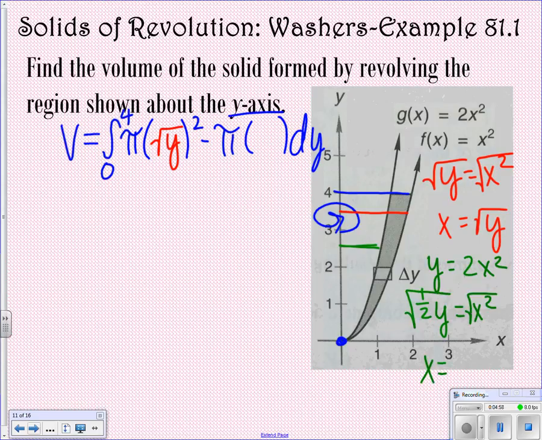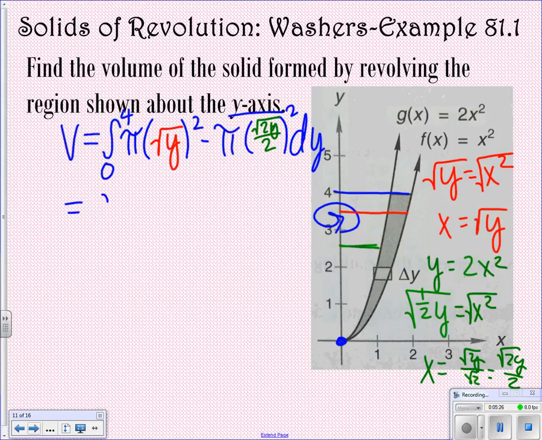And so x would equal the square root of y over the square root of 2, which is going to be the square root of 2y over 2 if you want to rationalize it. Now you don't necessarily have to do that because when you square it, it is going to simplify. But if you want to, you can.